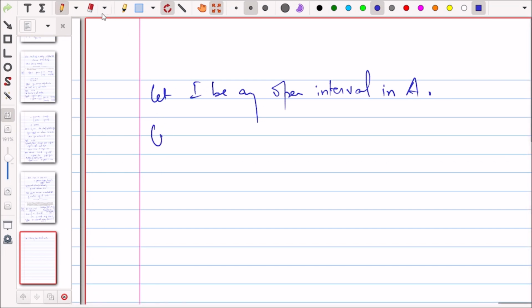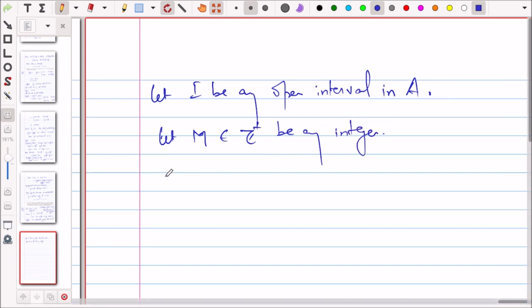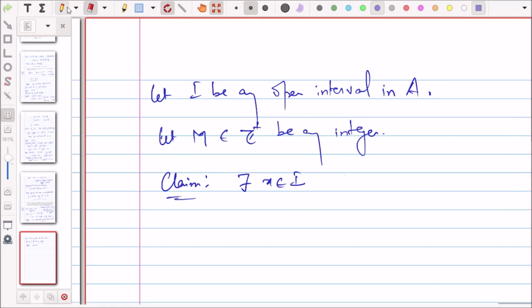So let I be any open interval in A. To show k is unbounded on I, the claim is there exists x belonging to I such that k(x) is greater than m.